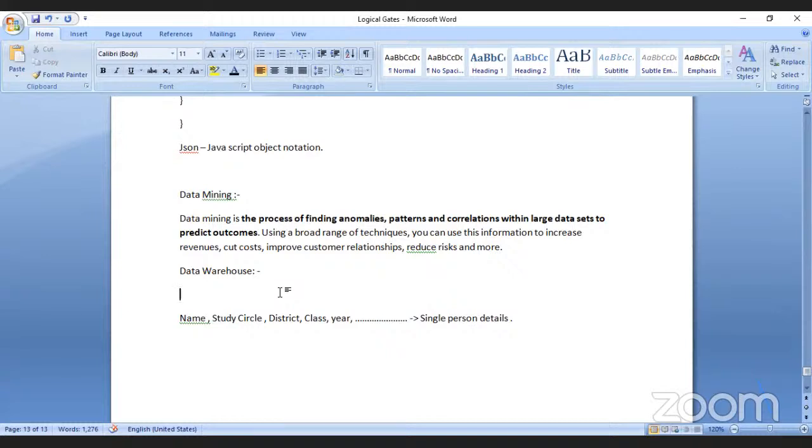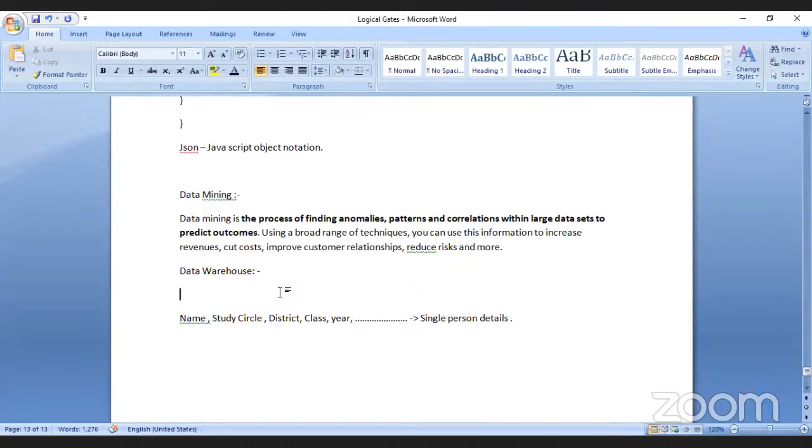We'll have a storage device, with TBs, GBs, KBs, MBs. Here we also have data warehouses, hubs, databases and collections. Such kinds of things are there.